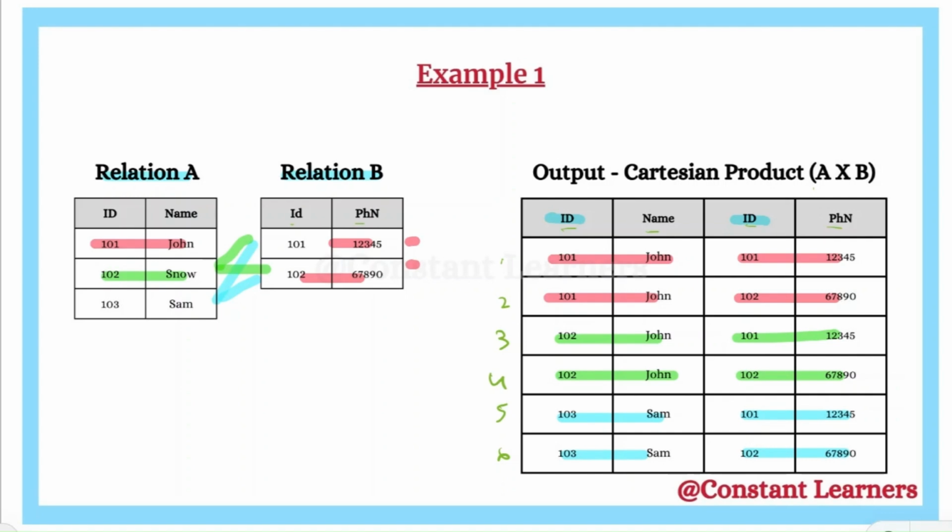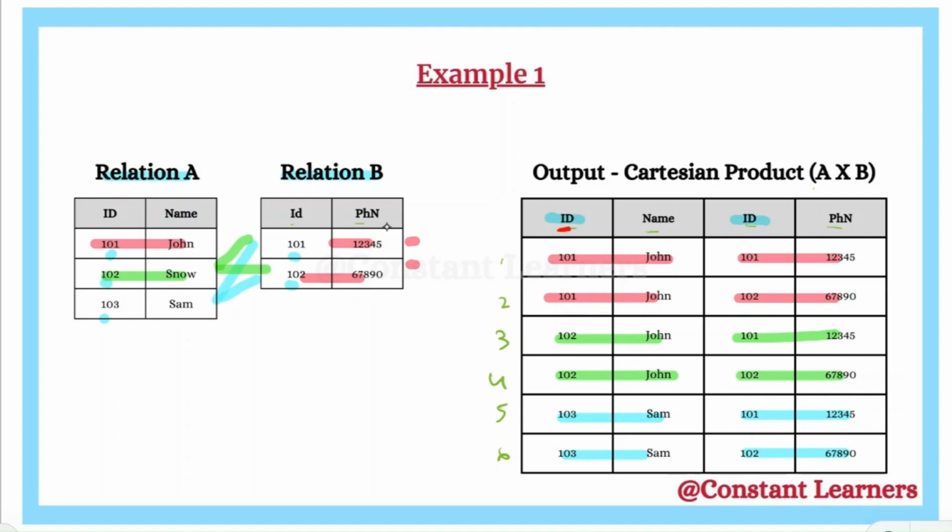The tuples may also be the same, like here we have 101, 102, 103, and similarly here also we have 101 and 102. In that case, there can be confusion, and this is known as an ambiguity. So to prevent the confusion, we add the relation name before the column name. That is, here, this is the ID.